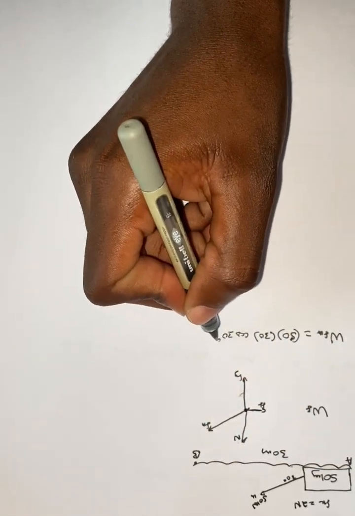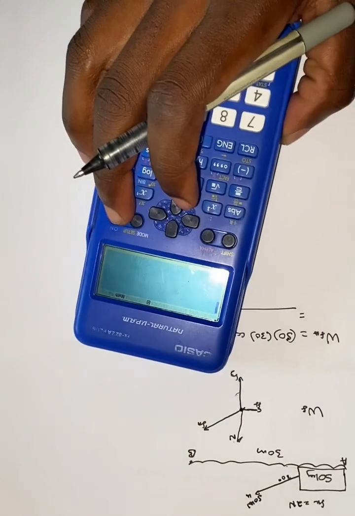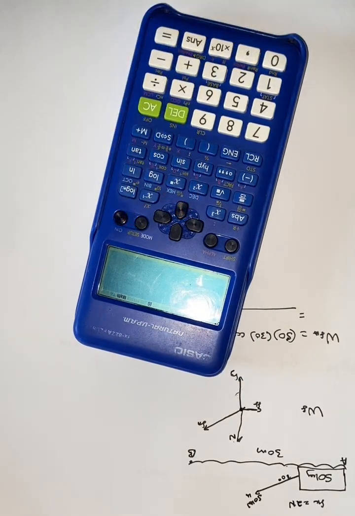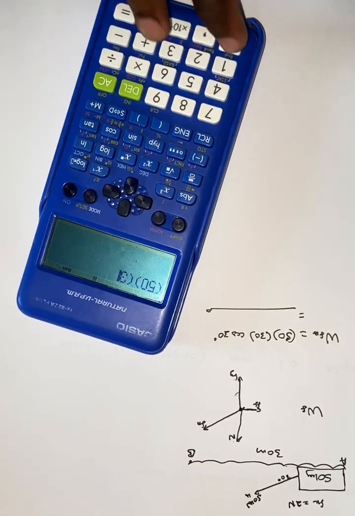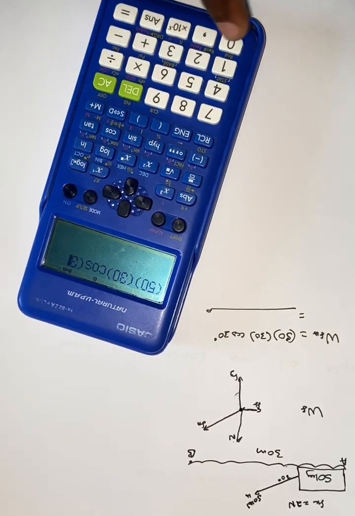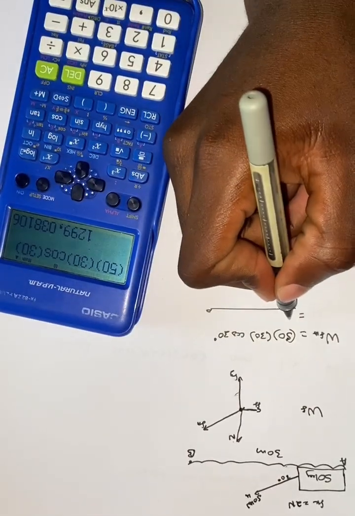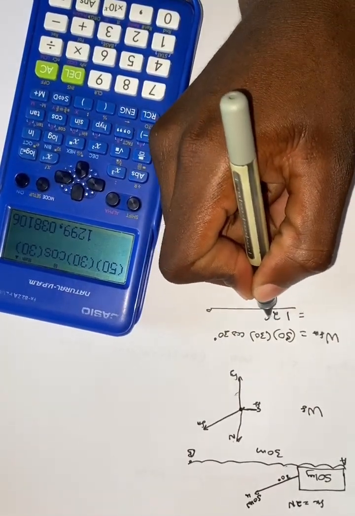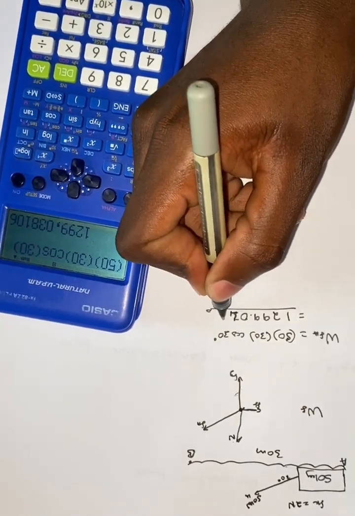So it's 50 times 30 cos 30, which gives us 1299.04 joules.